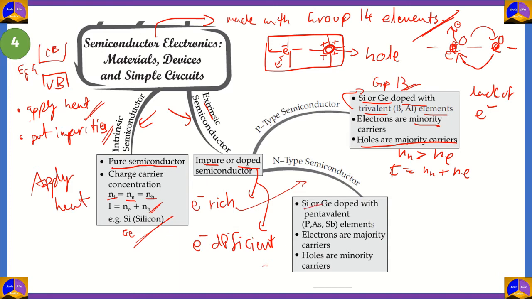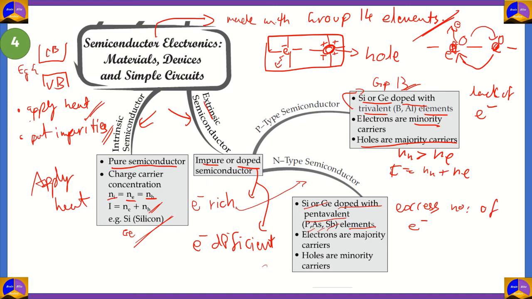Here, the silicon or germanium is doped with pentavalent elements. Pentavalent elements means +5 oxidation state, such as phosphorus, arsenic, antimony, etc. So all of these can be used as impurities. And the thing here is that there is an excess number of electrons.